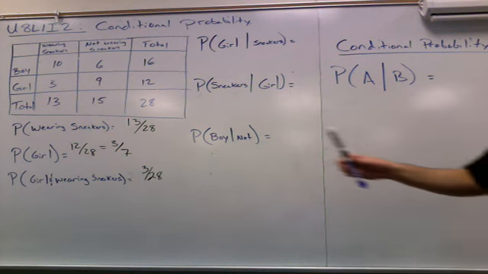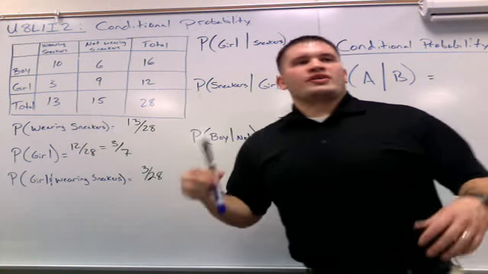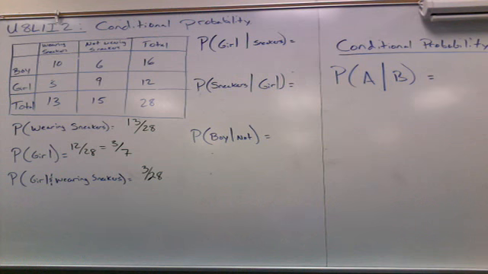The total number just wearing sneakers is 13. So what's the probability that of the people wearing sneakers, one of them is a girl? 3 out of 13. Okay? You guys are doing conditional probability. So basically what you just did as we worked those numbers is what we're doing today. And I'll explain it more in depth, so if that didn't make sense, we'll go through it a little more.